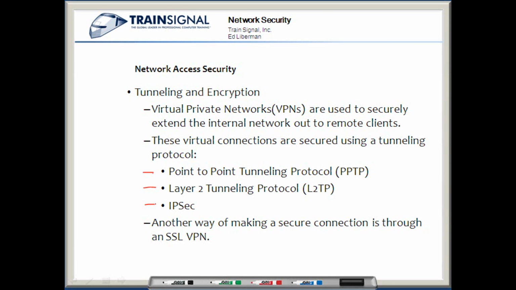Now, as far as IPsec goes, the reason I have it listed is, yes, IPsec is a protocol that was designed to provide just general secure communication, meaning it's an encryption protocol. But that encryption protocol can be set up to form a specific what's called IPsec tunnel, meaning in IPsec we have something called transport mode and tunneling mode.